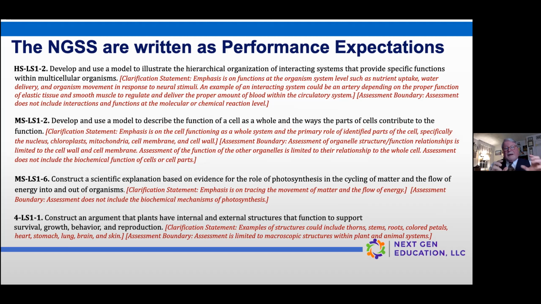So with that thinking in mind, remember, these performance expectations are at the end of instruction, or at the end of a course, or at the end of a grade band. These performance expectations are what we should reasonably expect the student to be able to do at the end of that term.